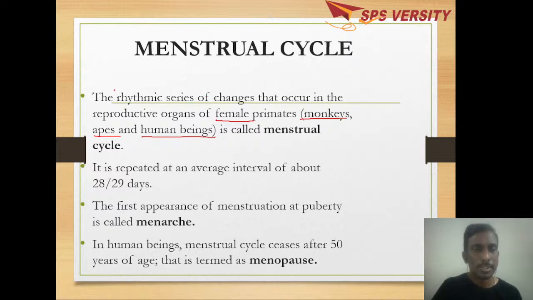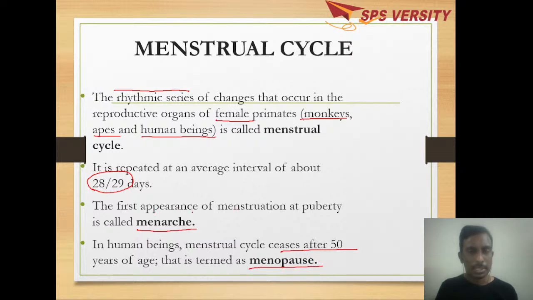Rhythmic means it takes place in a cyclic manner and repeats many times. On average, it repeats every 28 to 29 days. The first appearance of menstruation in a female at puberty is called menarche, and it will stop at the age of 50, which is called menopause.